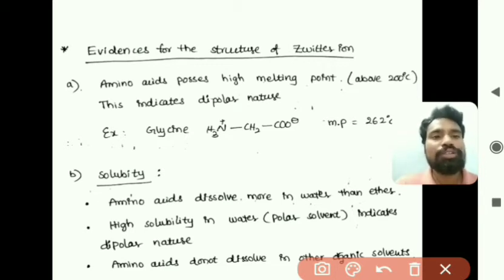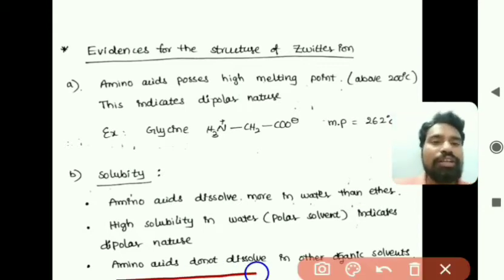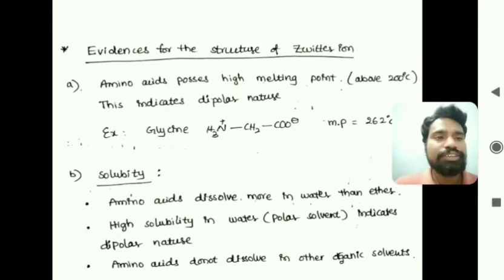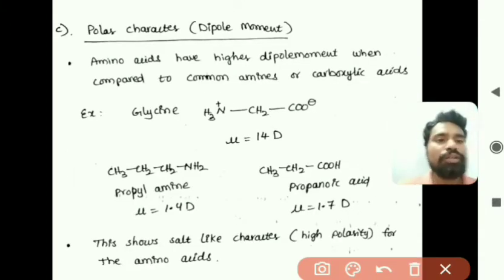In ether the solubility is very low compared to water, and amino acids do not dissolve in any other organic solvents except ether, and even that solubility is very small. So the solubility in water, a polar solvent, indicates the presence of the dipolar form of alpha amino acids.